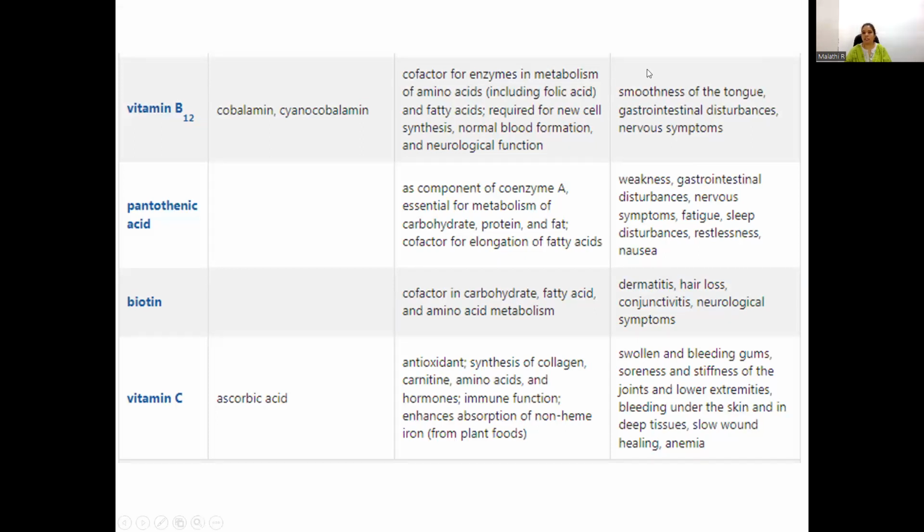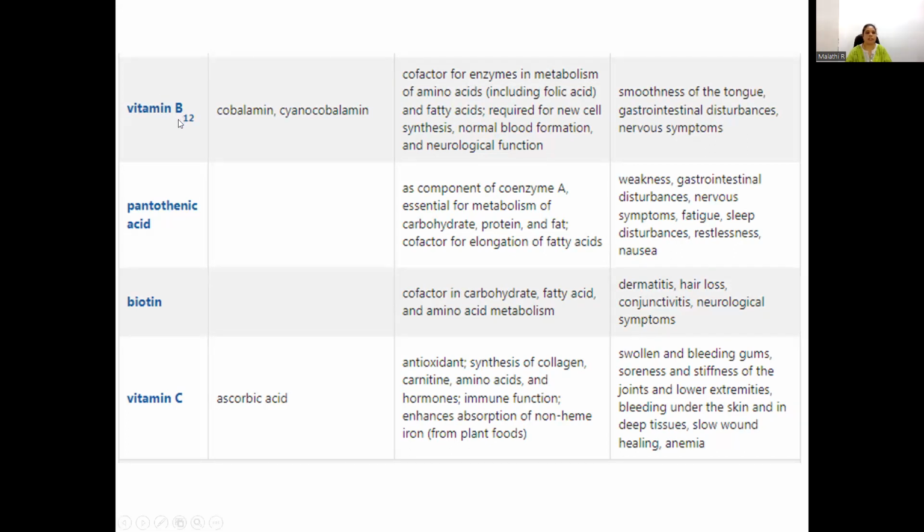The deficiency disease includes smoothness of the tongue, gastrointestinal disturbances, and nervous symptoms. Nervous symptoms are the major deficiency symptom for almost most of the water soluble vitamins. The sources of vitamin B12 include lettuce, cauliflower, vegetables, and fruits.